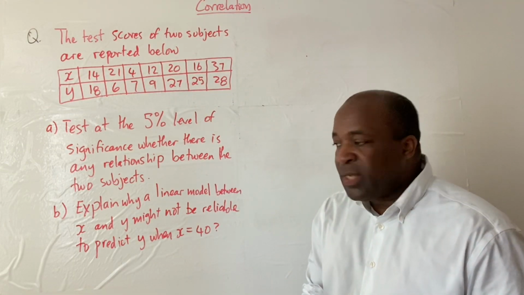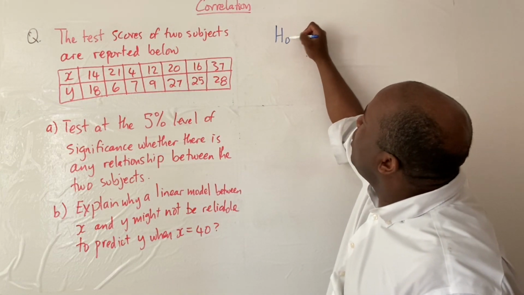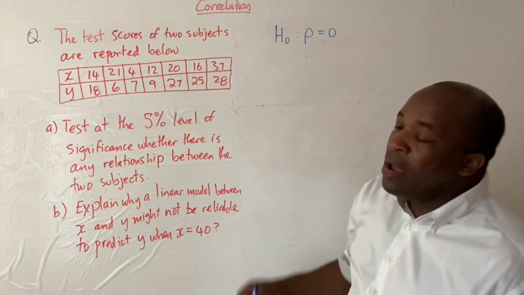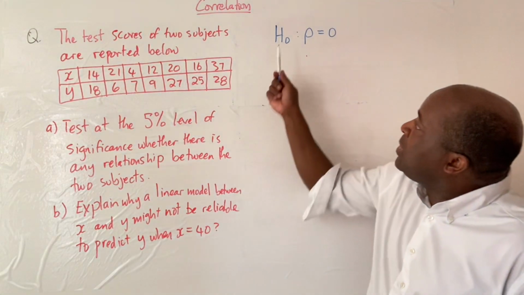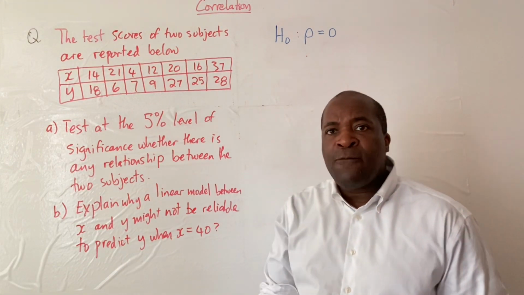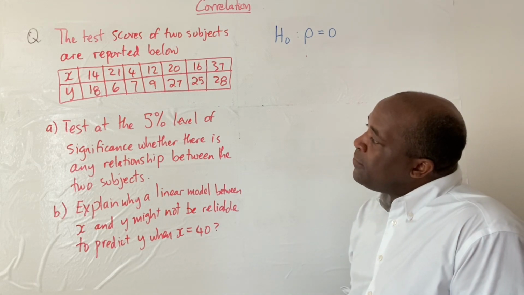We start by writing down the hypothesis. They do not have to tell us. We know automatically that is going to be our default. So here we start off with H naught: rho is equal to 0. Rho, of course, is the population correlation coefficient.